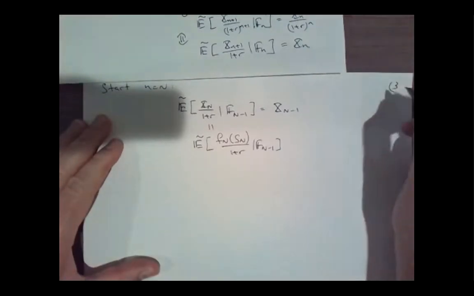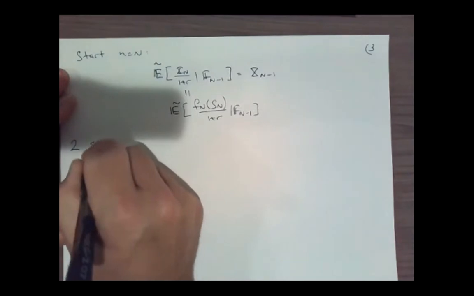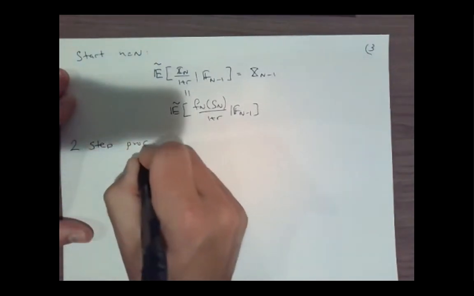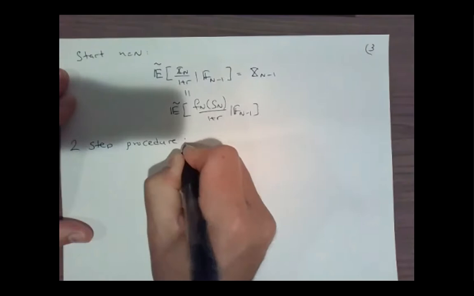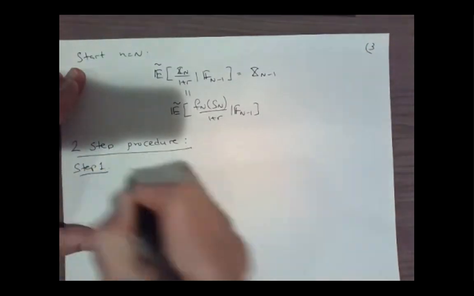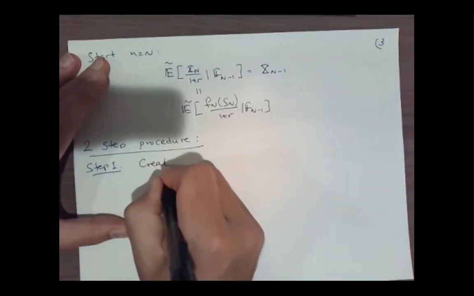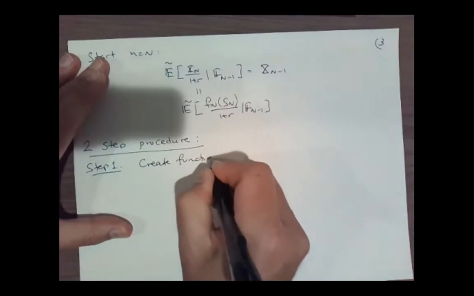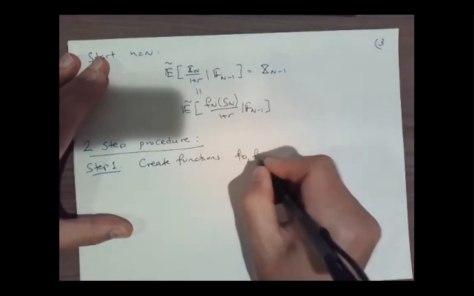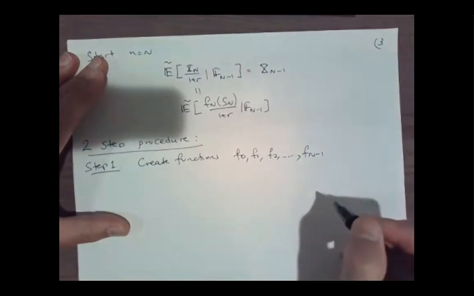Okay, so here's the creation of the initial wealth and the deltas. There's a 2-step procedure. Step 1, you want to create functions f_0, f_1, f_2, and so on, all the way up to f_{N-1}.